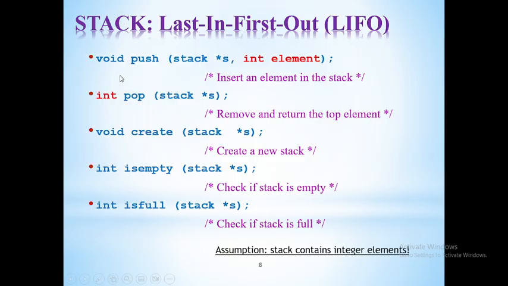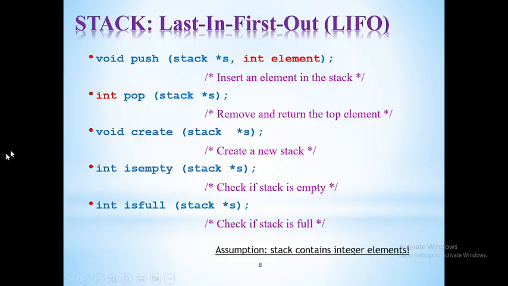This is normal C syntax. If you want to push, you can write it like this, and later we will see Python code also. Pop means pop off that stack. Create means you create like this, and it will create a new stack. isEmpty will check whether the stack is empty or not. If it is empty, it will allow you to insert the element.